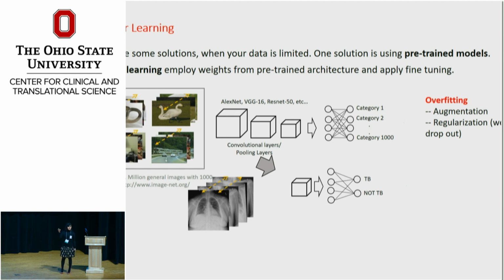And basically, you employ these architectures with their weights as a base model for your problem, and then fine-tune your architecture with your limited data. In this way, you can take advantage of larger neural networks and obtain good results with your limited data.